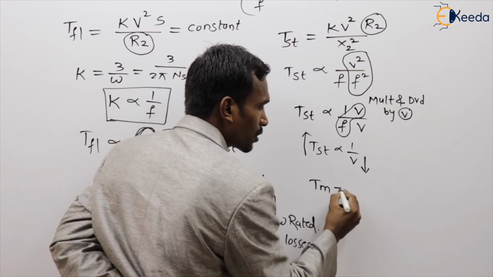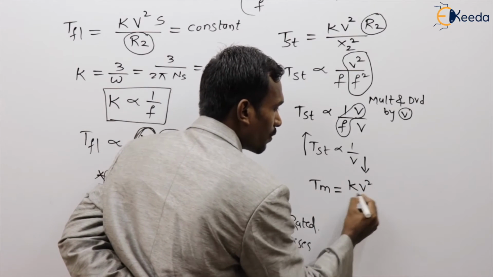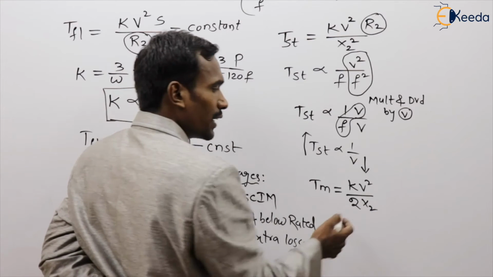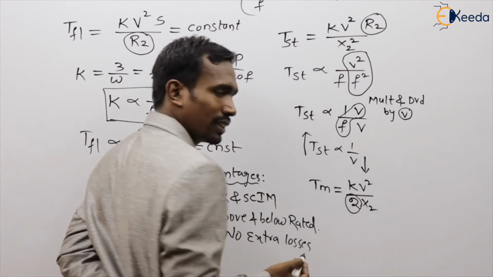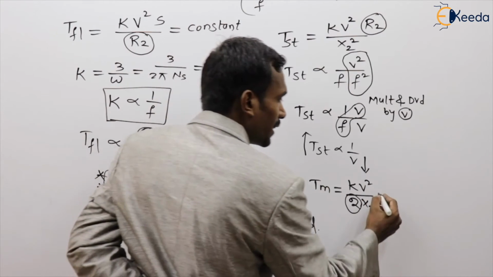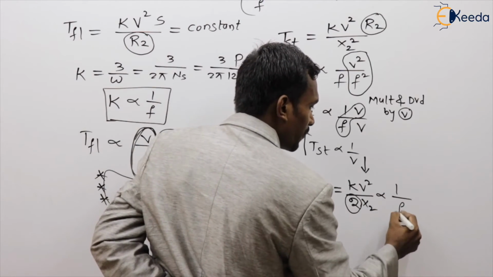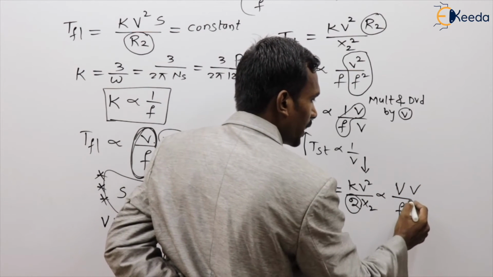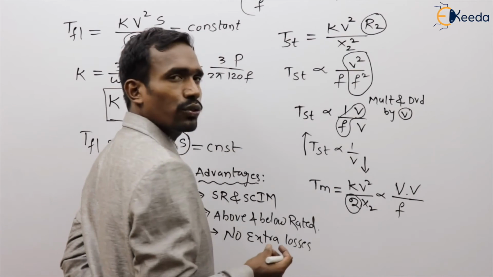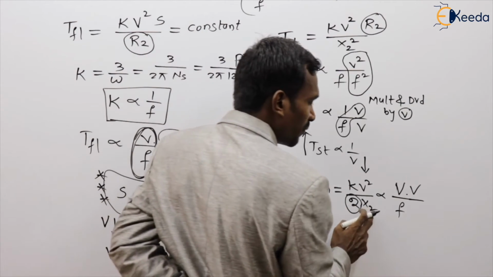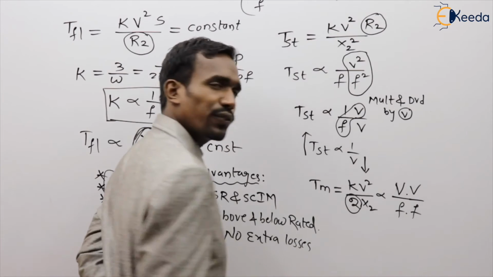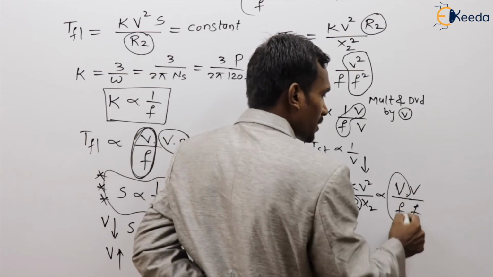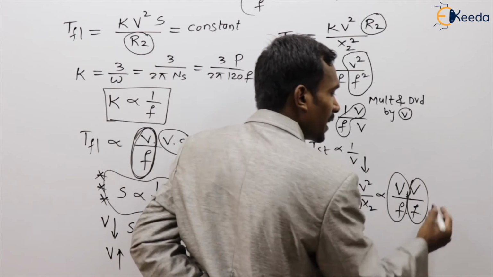Maximum torque is equal to K V square by 2 X2. Here 2 is already a constant value. K is nothing but 1 by F. V square is nothing but V into V. Reactance X is nothing but F. So V by F constant and V by F constant.